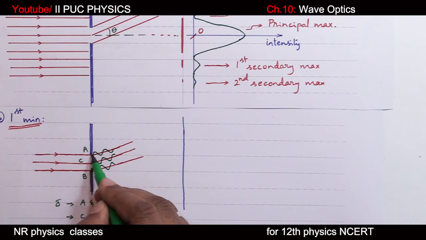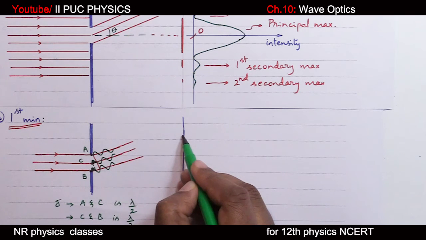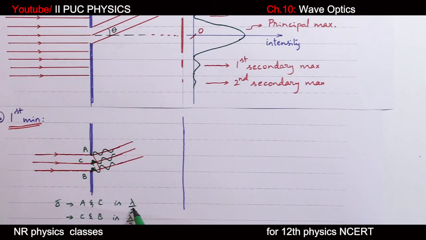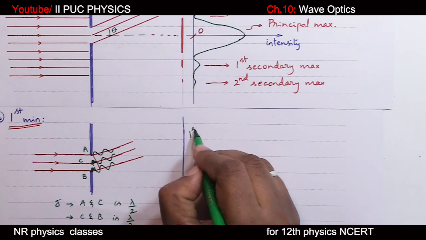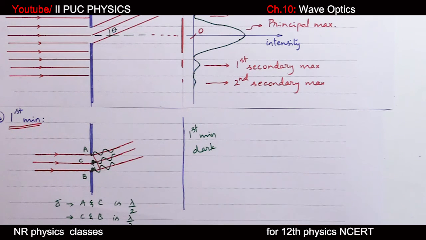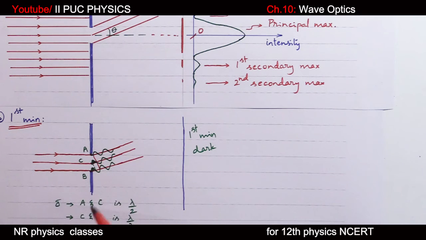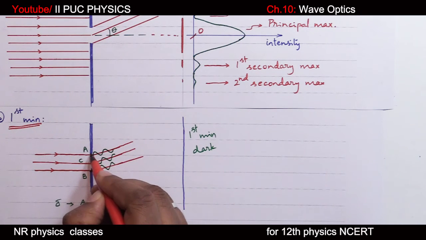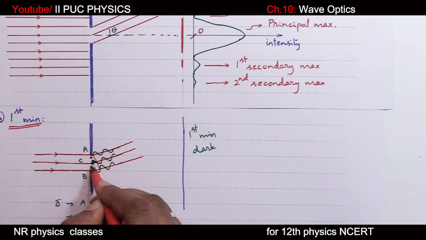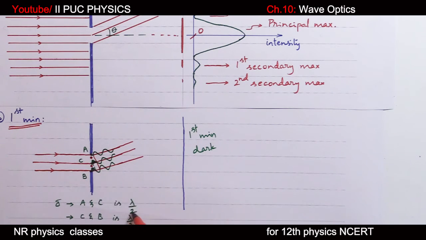So if you consider a wave from A and a wave from C, these two waves interfere destructively because path difference between the waves is lambda by 2. That results in first minimum, dark region. Okay. Now, consider a wave just below A from this point. You'll get another wave from this point where path difference between these two waves is also lambda by 2.